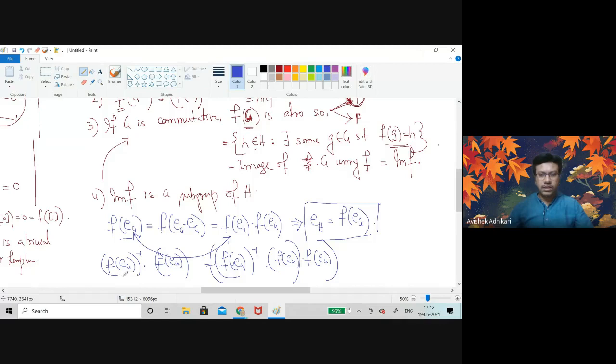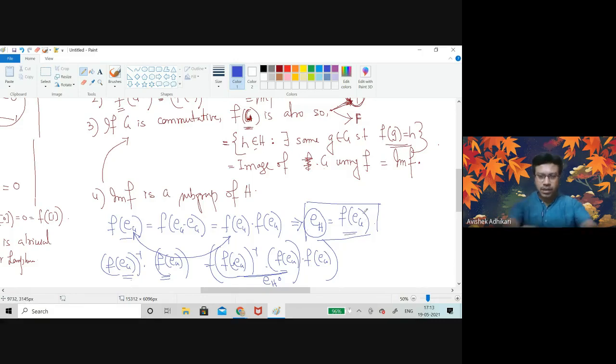This is an element of H, and the inverse of this is this, so the result will be the identity element of H. By the associative law, the product is also the identity element of H. And a composition with the identity element of H and f of e_G, both elements of H, gives back f of e_G. So you have this result.